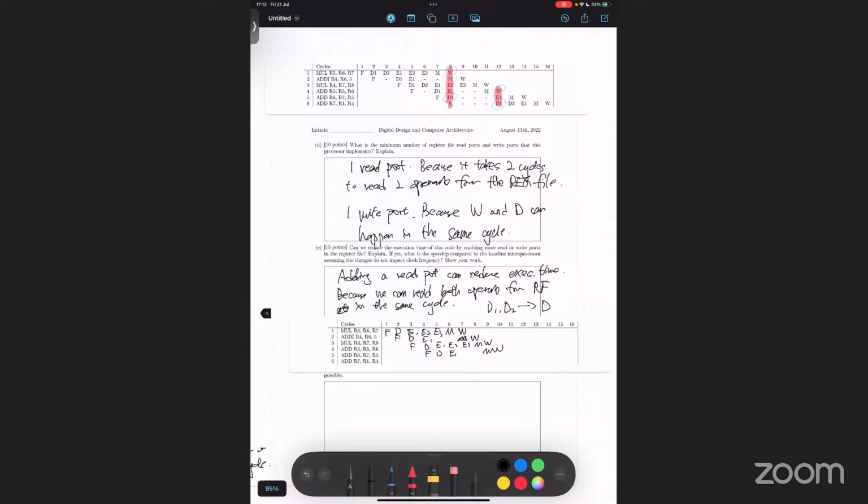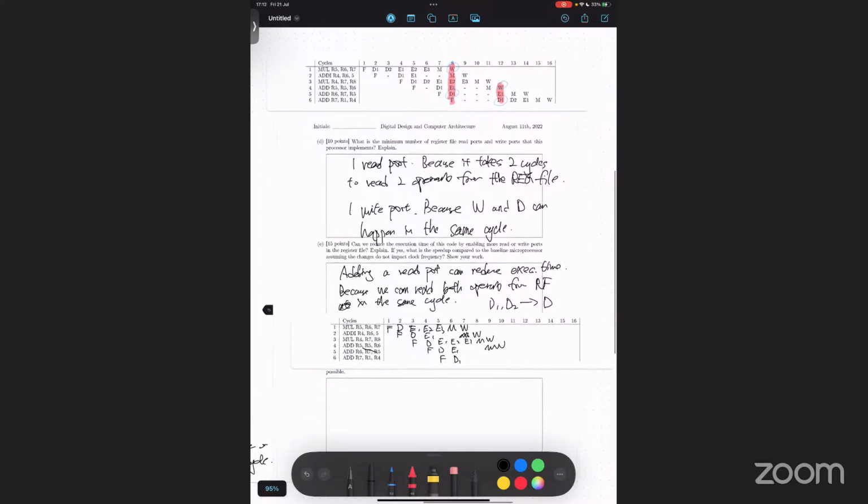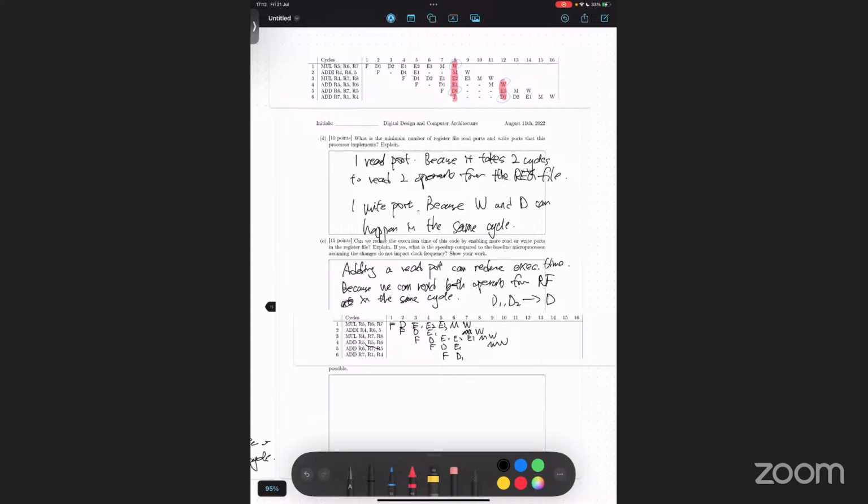For the fifth instruction, we need to fetch, but because of the data dependency, this is only D1, and for R5, this can be forwarded from the write back stage. So we can execute E1, memory, write back.